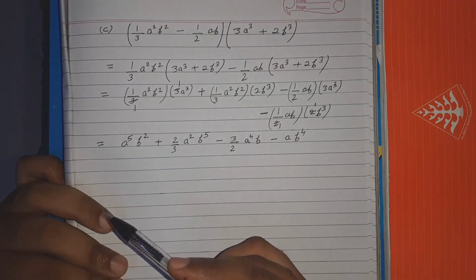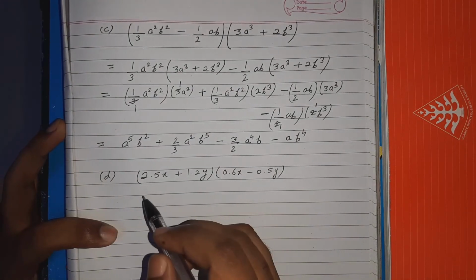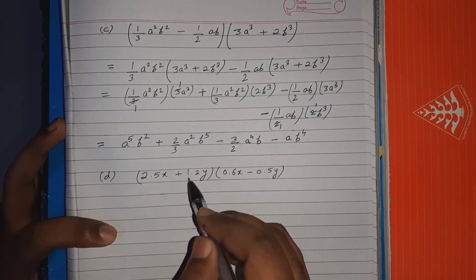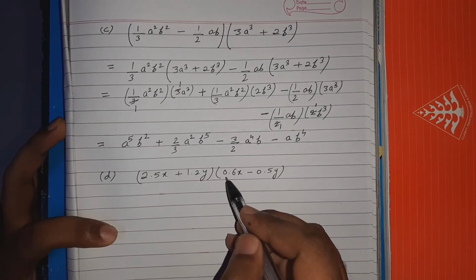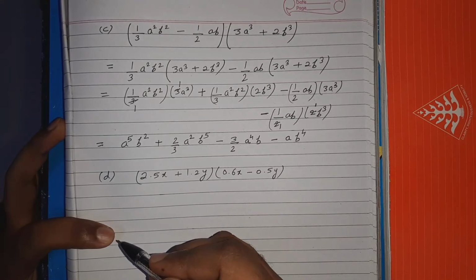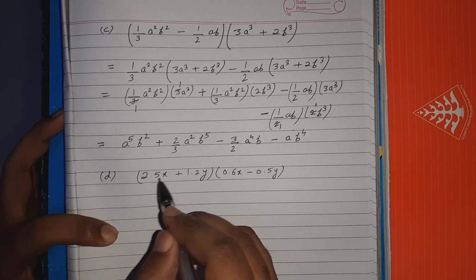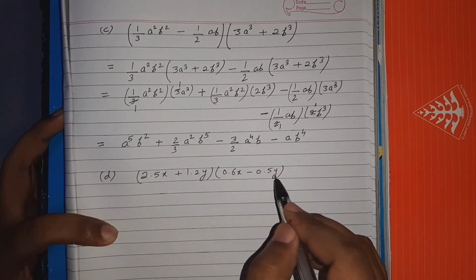Now the next part is D part. 2.5x plus 1.2y multiply by 0.6x minus 0.5y. So first we will take the first term of first bracket and multiply by the second bracket.